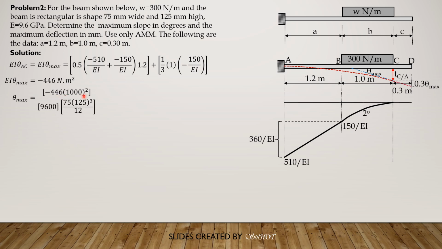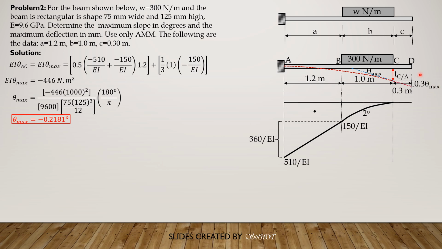So negative 446 times 1000 square to convert it to Newton mm square, then E is 9,600 megapascals or Newton per mm square, then I is BH cube, 75 times 125 cube over 12. That would be in radians times 180 degrees over pi radians, so that would be in degrees. So theta max is negative 0.2181 degrees. So negative means clockwise.